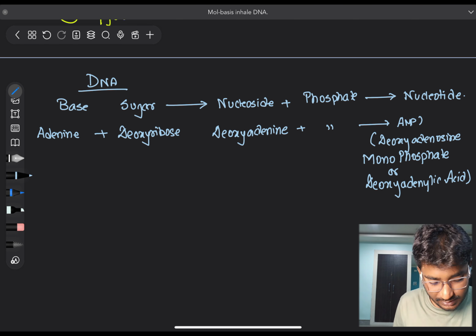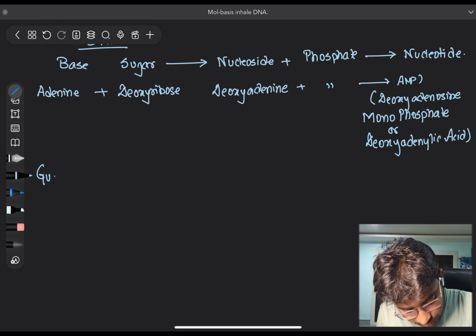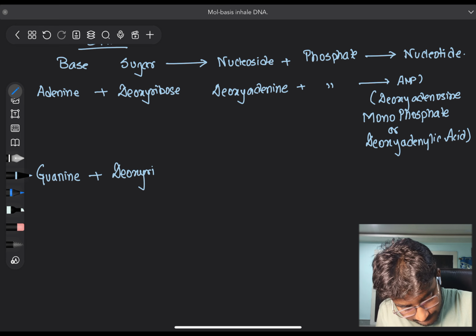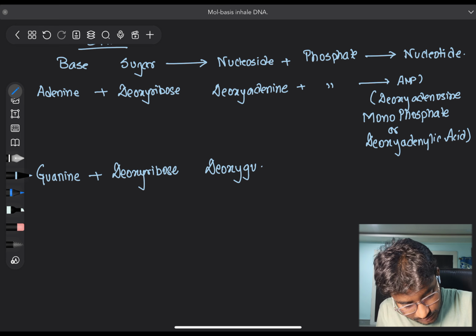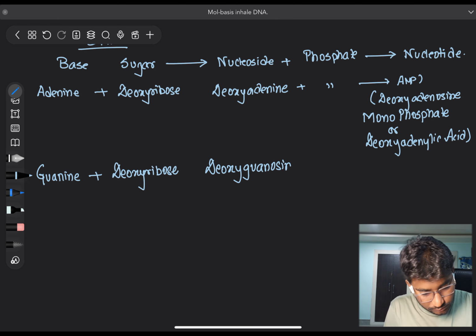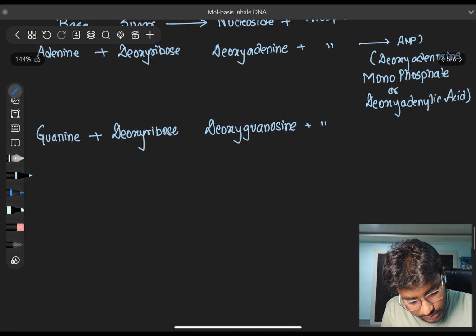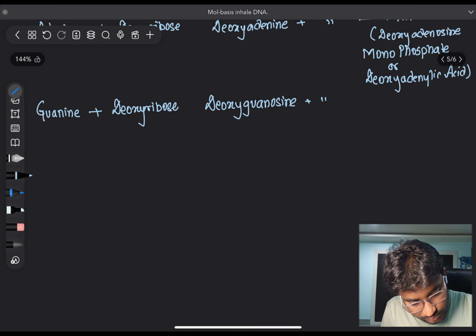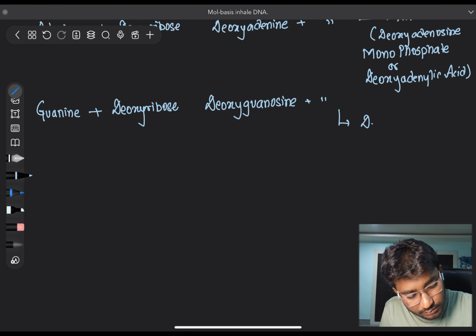Second, it's guanine. We have said deoxyribose, so deoxyguanosine, plus phosphate, it will make deoxyguanylic acid.